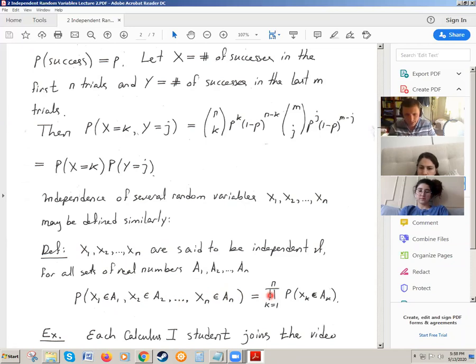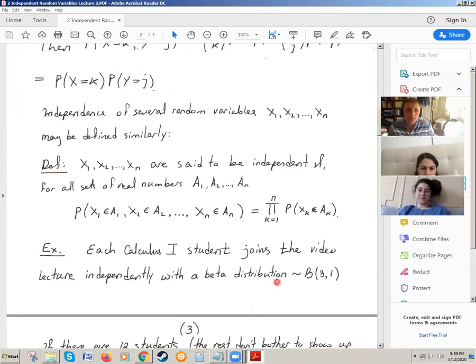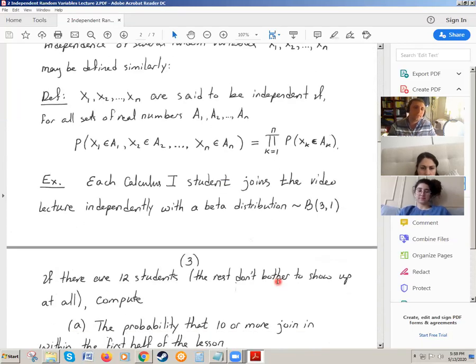Here is maybe a simple example. In my calculus class, the students are pretty tardy usually when they join. Let's say that each student joins the session independently, and the distribution of when they join during the session is a beta distribution with parameters a equals 3, b equals 1.